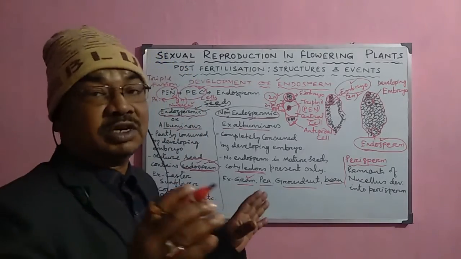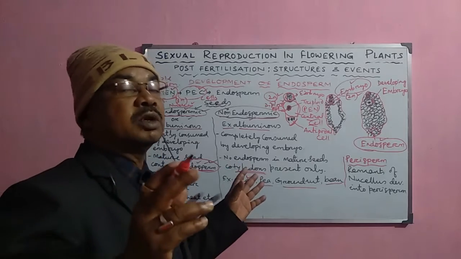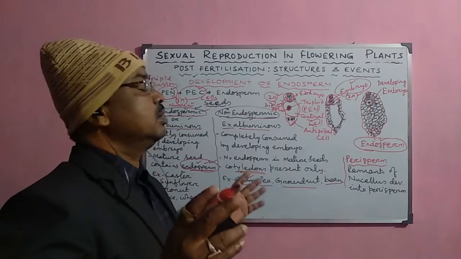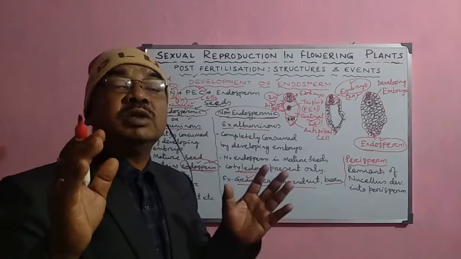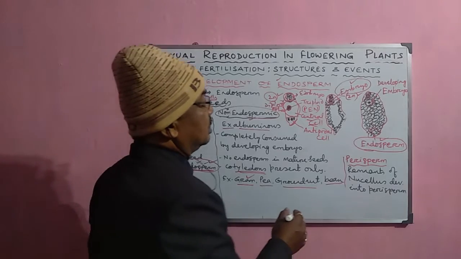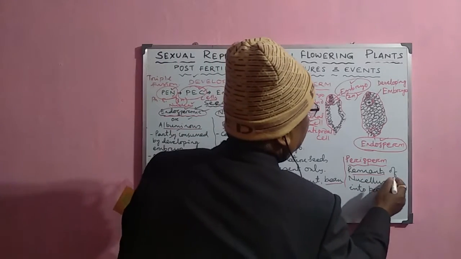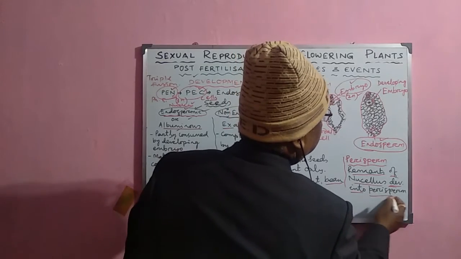These are normally dicot seeds, and the two cotyledons support the developing embryo and the baby plant. Now, sometimes the remnants of the nucellus layer of the ovule are also present, and these remnants develop into the perisperm.